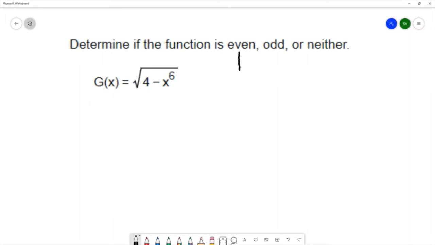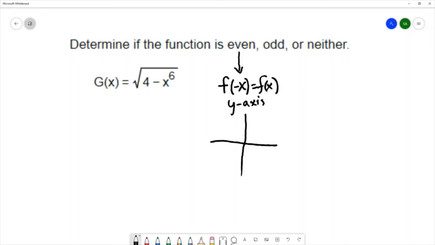The definition of even is if f of negative x is equal to f of x. These are some symbols that represent y-axis symmetry, and what that means is you would have a mirror image going over the y-axis.